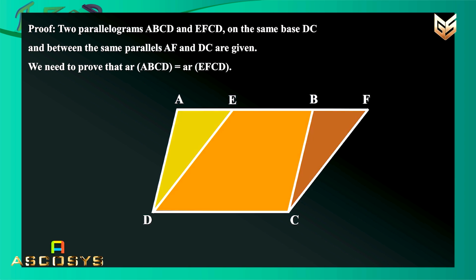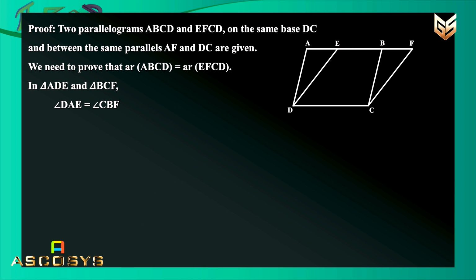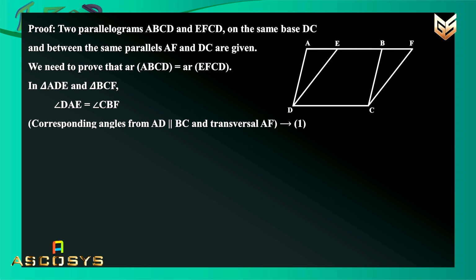Now here in triangle ADE and triangle BCF we have angle DAE equal to angle CBF. Why? Because they are corresponding angles from AD parallel to BC and the transversal is AF. Let it be equation 1. Again we have angle AED equal to angle BFC.